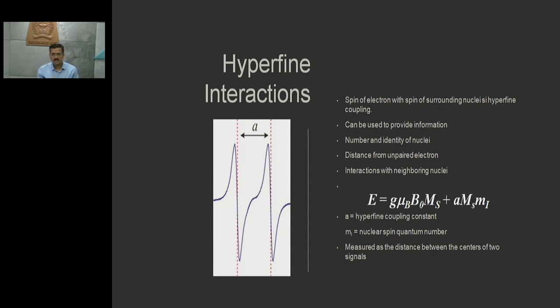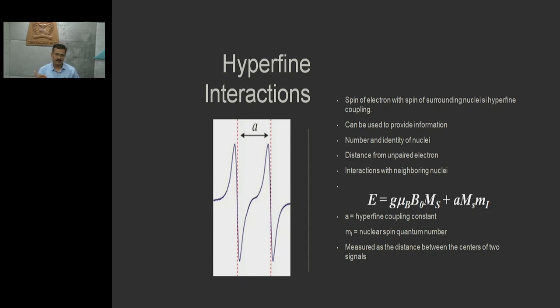And then the next question is, what do we mean by hyperfine interaction? Hyperfine interaction is nothing but the interaction of the electron spin with the surrounding nuclei. It gives better information about the separation of neighboring peaks and also tells the distance from the unpaired electron and how it interacts with the nucleus. That we get from this equation, which involves the hyperfine coupling constant and the nuclear spin quantum number, and it majorly determines the distance between two successive signals.